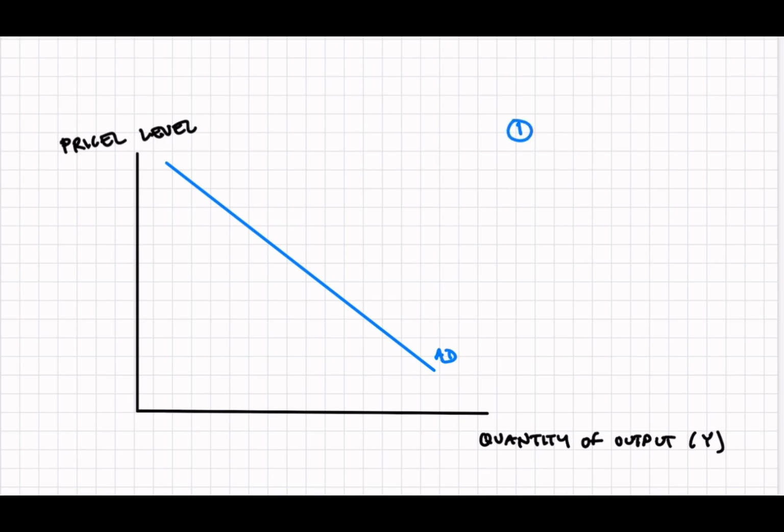The first is the wealth effect. So if I am at this point right here, and the price level of all goods and services, let's just say, is around $2, if the next day I wake up and the new price observed is $1, well, then I can increase the quantity of outputs that I can consume.